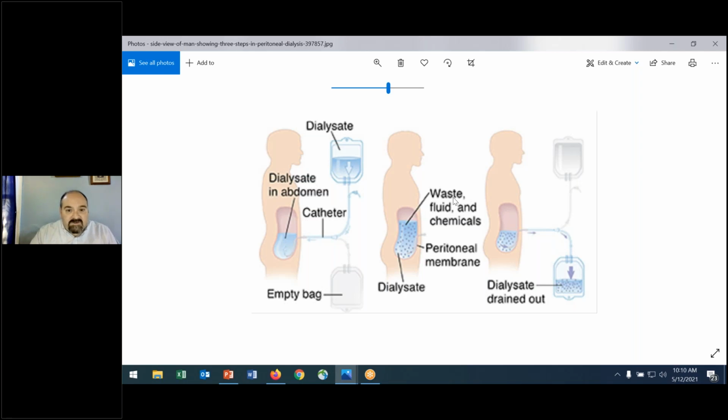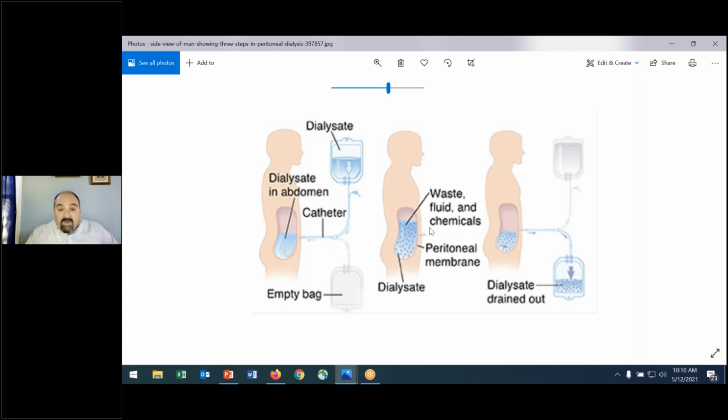So waste fluid accumulates within this dialysate over an extended period of time. He's sleeping at night, and then when he wakes up in the morning, they drain this fluid from the peritoneal cavity into this bag here, where it'll be disposed of, okay?